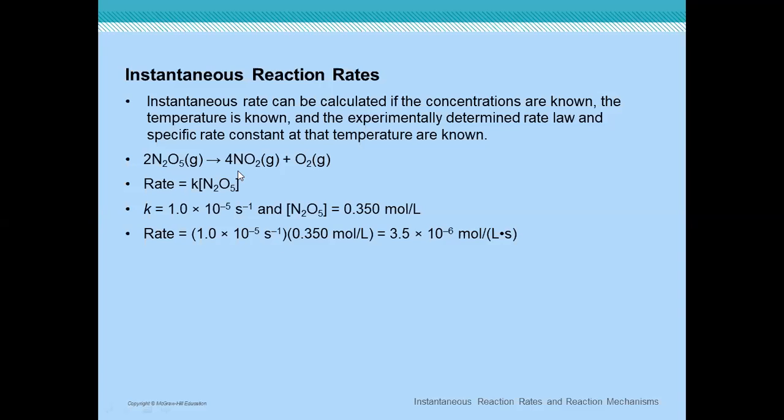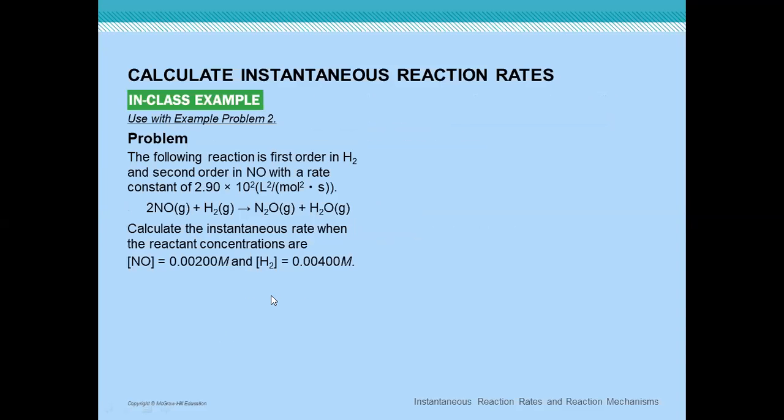After that, this is a problem. The following reaction is first order in H2 and second order in NO, with a rate constant of 2.90 times 10 power 2 liter squared divided by mole squared times second. 2NO gas plus H2 gas produce N2O gas plus H2O.